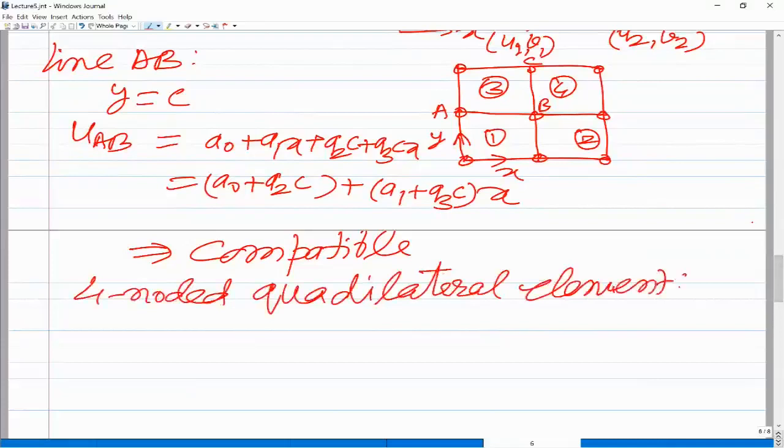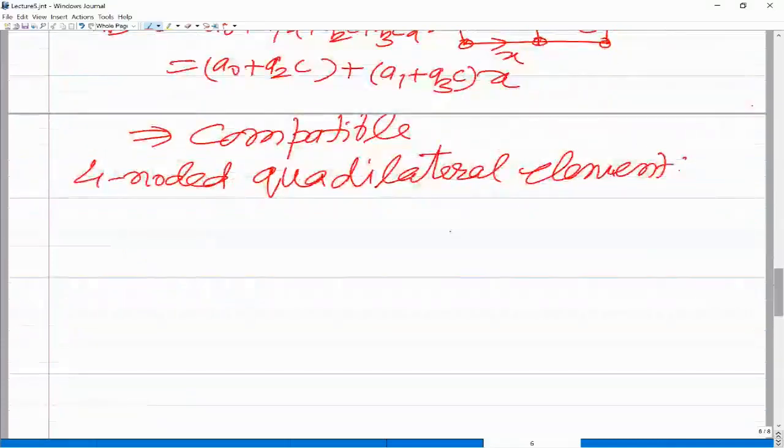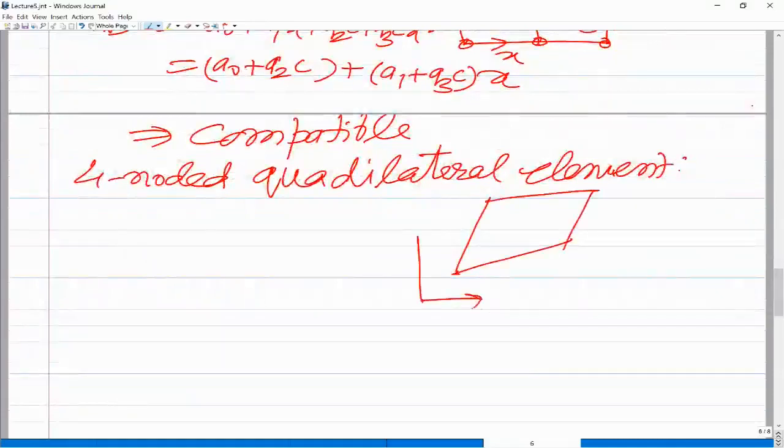So now when you have a general quadrilateral, it's also four noded quadrilateral. So the solution form is going to be the same in x, y, the four nodes. I'm still talking about the four noded element. So this is node 1, this is node 2, this is node 3, this is node 4, and the solution will be same as what we have assumed for the rectangular element.